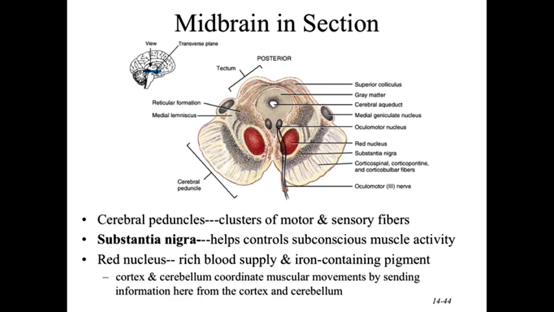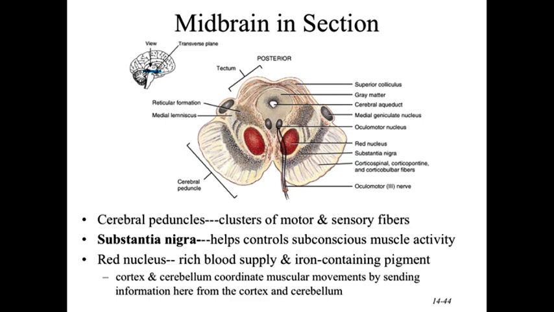The red nucleus is red because it's rich in blood supply, but it also has an iron-containing pigment. And that's why antioxidants are so important, because if someone has a lot of oxidation going on in their body and you get rust buildup in the midbrain, it can lead to a lot of neurological complications.